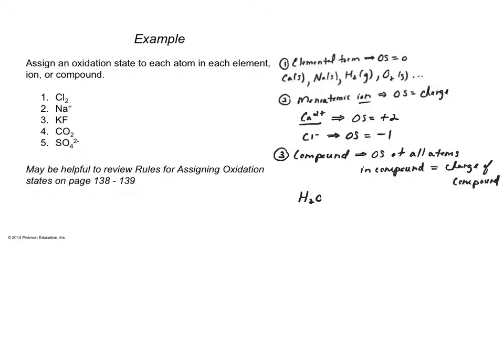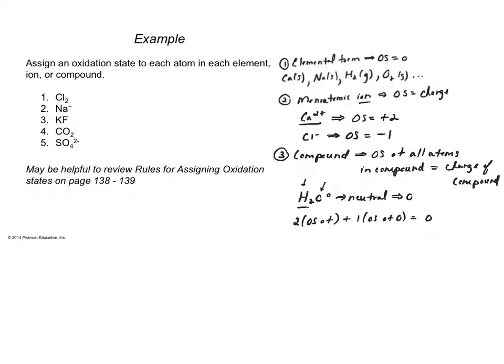Liquid water has 2 hydrogens in this compound and 1 oxygen, and the overall charge here is 0. So when we sum up the oxidation states of all the atoms in this compound, it has to sum to the overall charge of the compound. So 2 times the oxidation state of hydrogen plus 1 times the oxidation state of oxygen has to equal 0, right? This was a neutral compound. So again, they sum to 0.